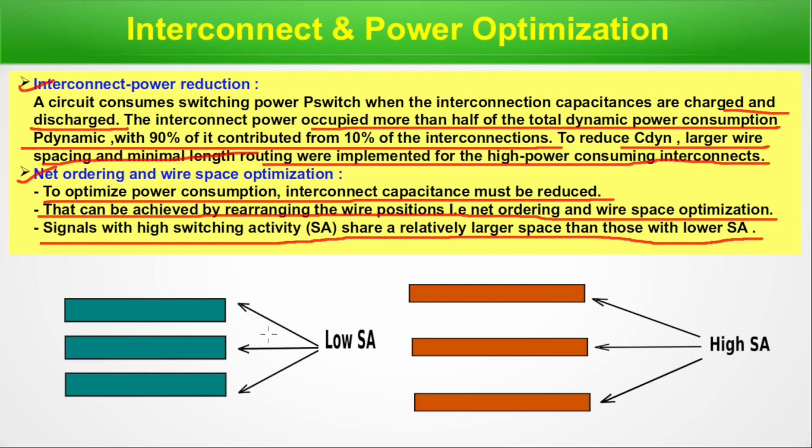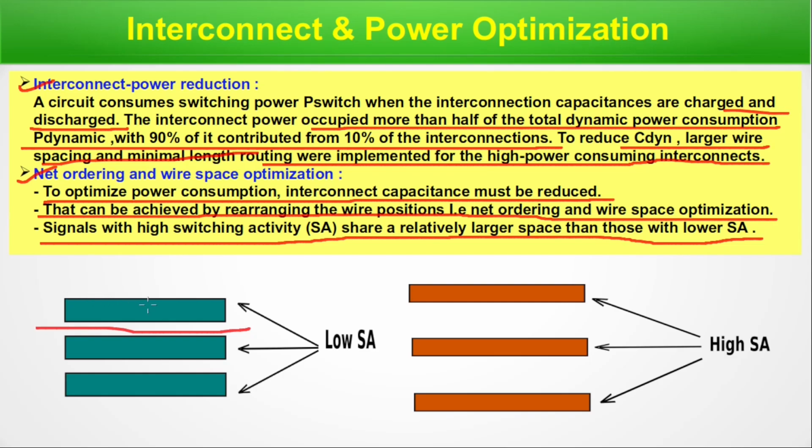When switching activity is higher, the changing state or changing voltage between coupling happens. We have already discussed during the interconnect series that coupling happens, and for that we also know low K dielectric is used between interconnects so that interconnect capacitance becomes less. That we have discussed in the low K episode of the milestone series.